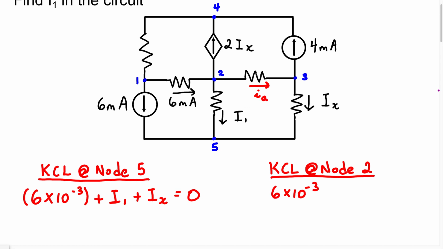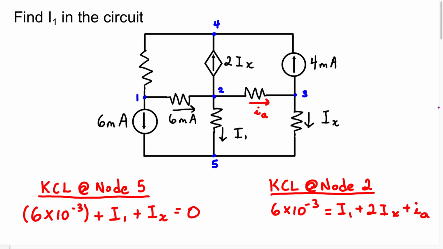So now we can write 6 times 10 to the minus 3 equals the total current leaving, which is going to be I1 plus 2IX plus IA.